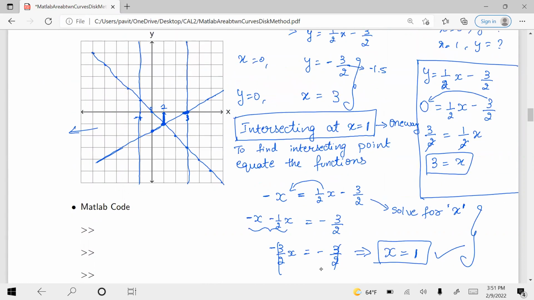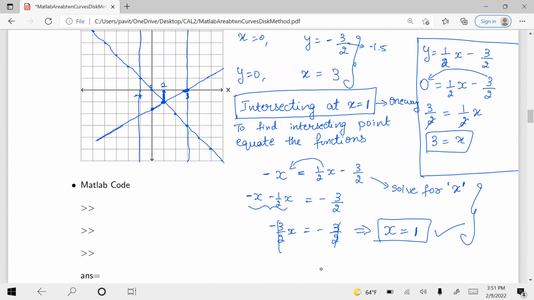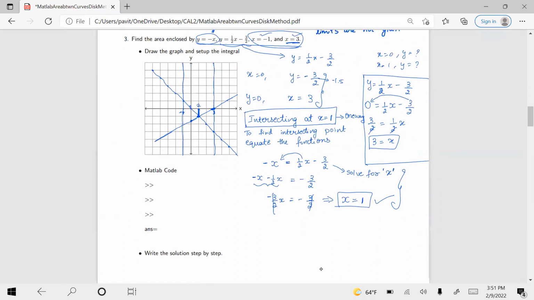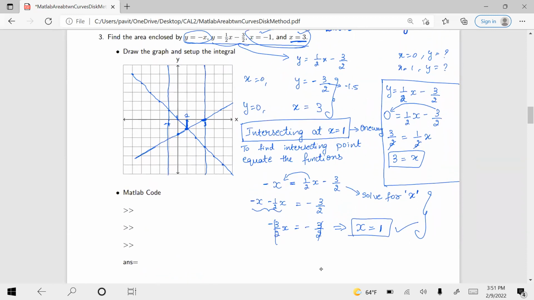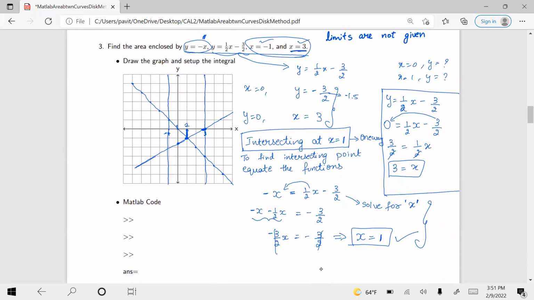Got it? All this is about only sketching the graph. I will give you 2 minutes to just take this down. I'm going to erase everything because I need some space to write the integral function. So please make a note of this. You can just take a picture as well if you want to.